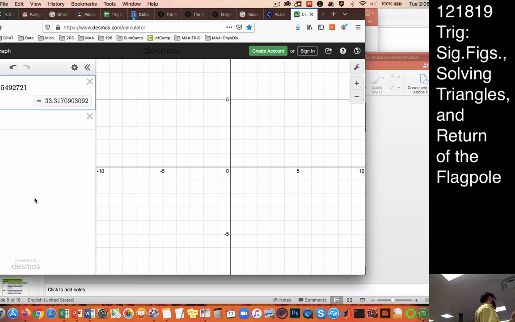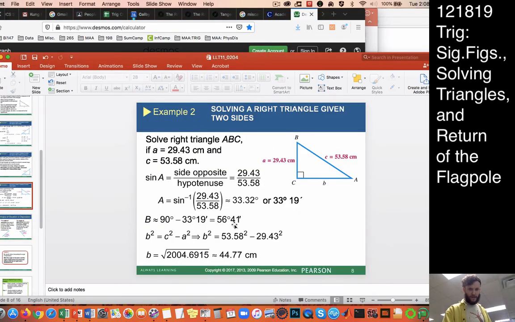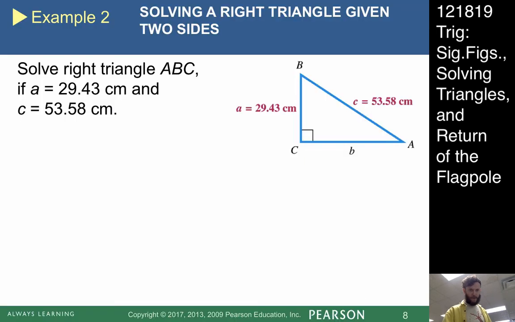That's basically what our lookup table told us, right? So let's go back to this, and we can label that. We said 33.3 degrees or whatever it was.